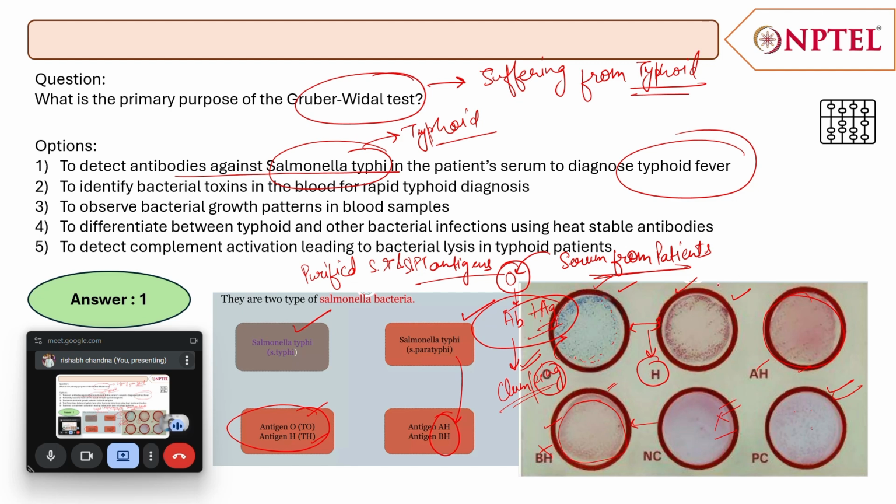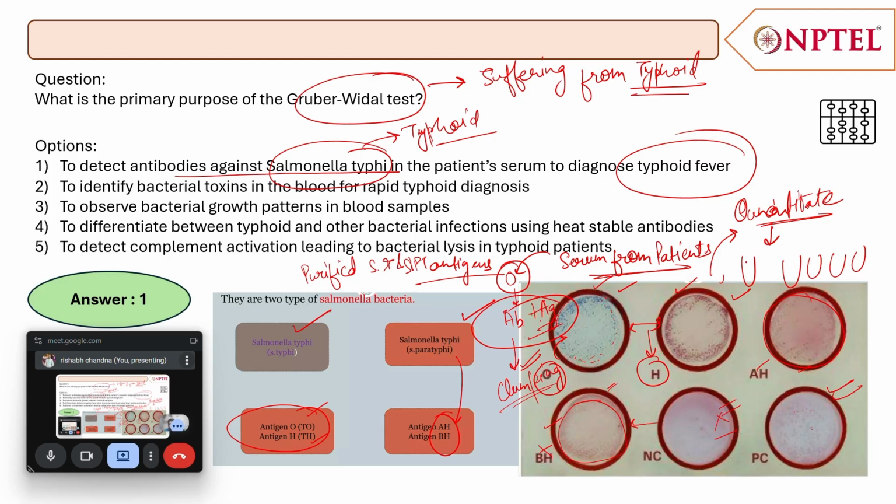Now, this was a qualitative assay. With the advancement in science, we are able to quantitate this also. Quantitative assessment includes the serial dilution of the serum with the antigen.